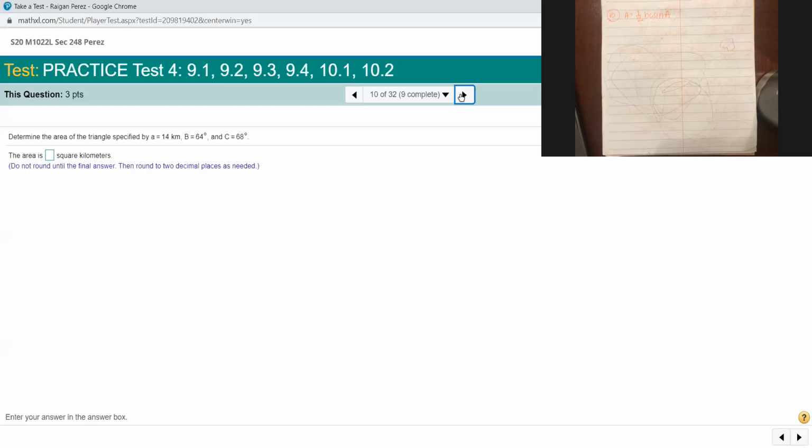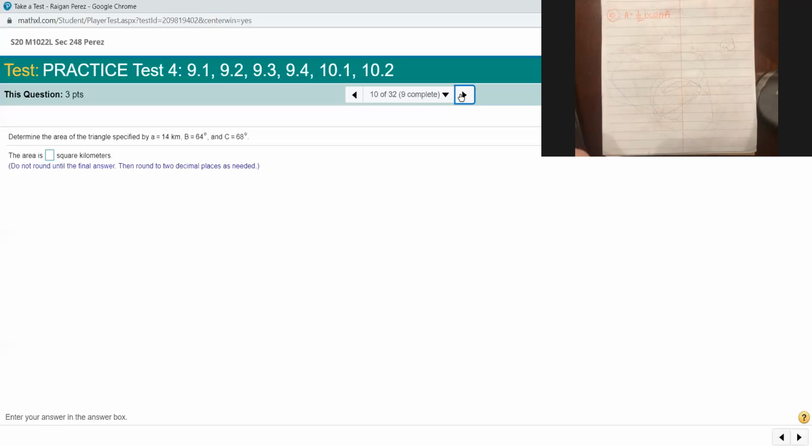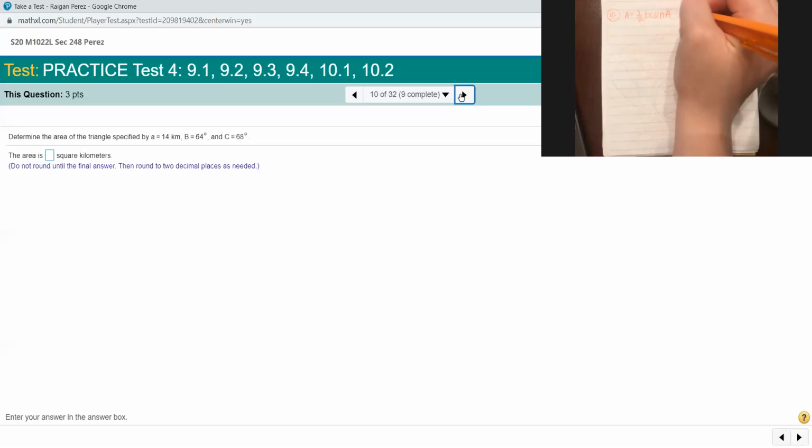So we might have to get another side length before we can use this formula. Pretty much. Okay, so let's find A first. So 68 plus 64 is 132. 180 minus 132 is 48. So angle A is equal to 48 degrees.